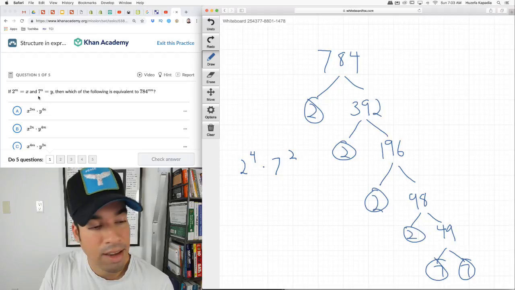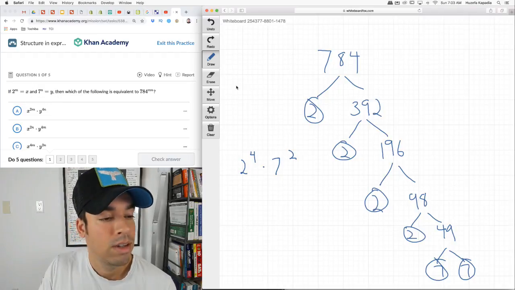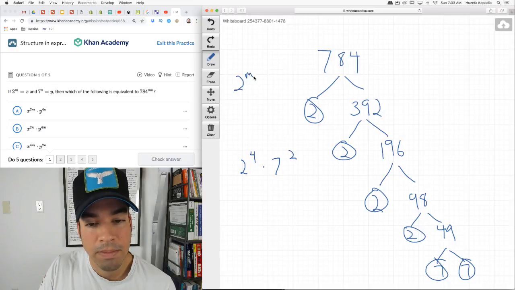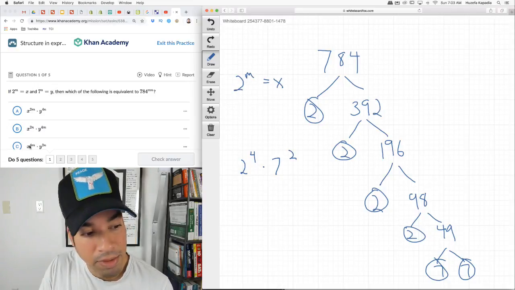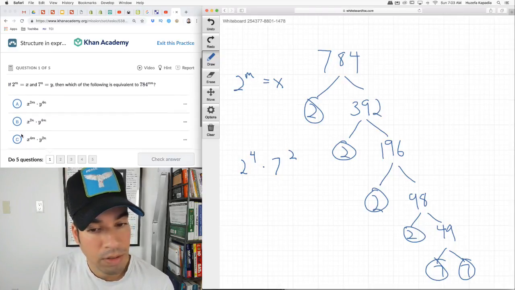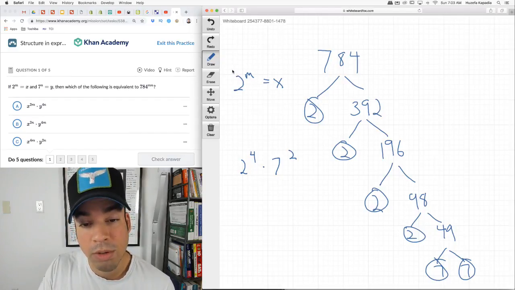And 7 to the 2n power, which means that if I've got 2 to the m equals x, okay? And you see how m is in the final answers. That's why this is a pretty bizarre but tricky question, but doable.